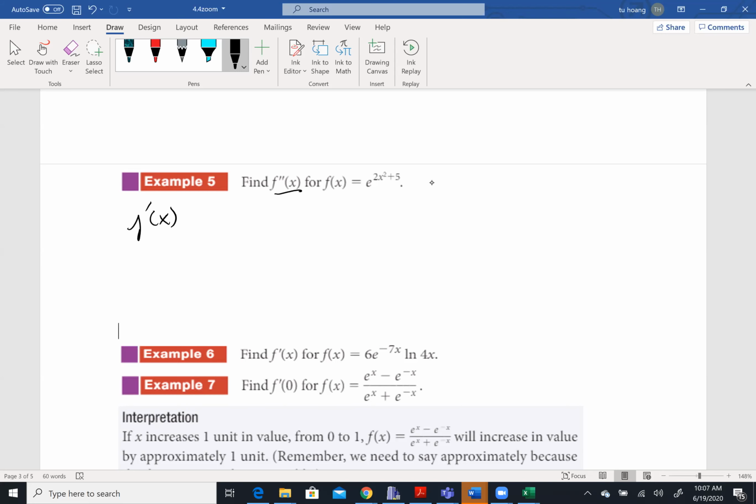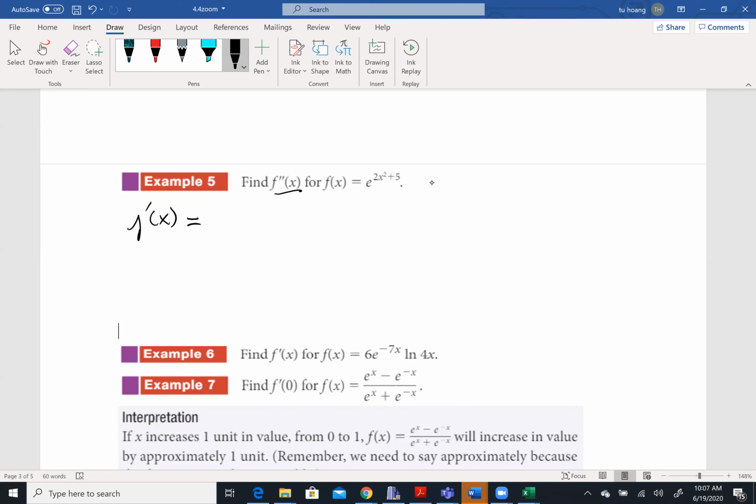Looking at it globally, it is a natural exponential function. So you apply the derivative form of the composition function.